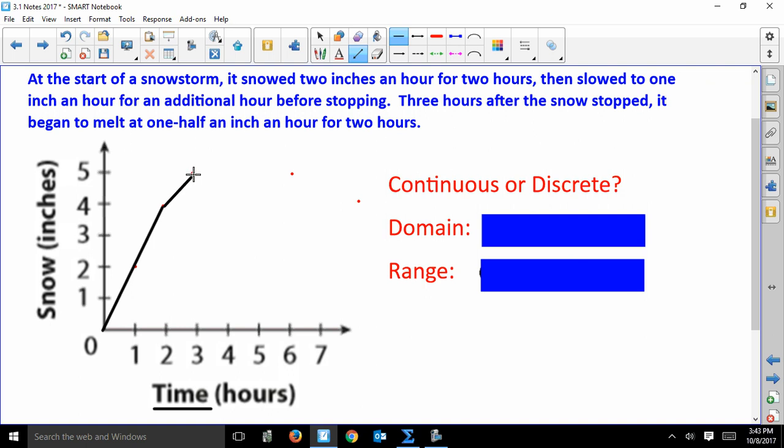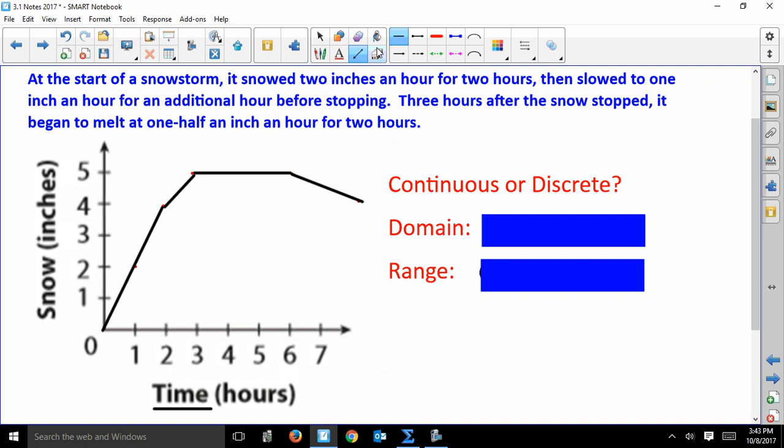We can see that between hours 2 and 3, it's still snowing, but at a slower rate because the slope is not as steep. Between hours 3 and 6, there is no snowing, but there's also no melting, so the height of the snow stayed the same. And then from hours 6 to 8, the snow began to melt.